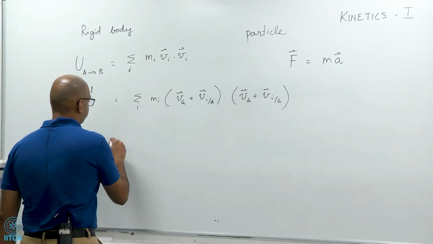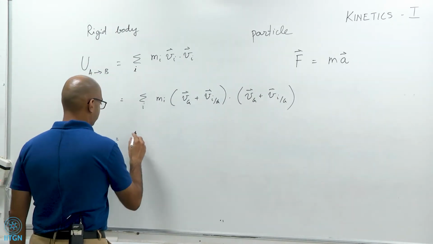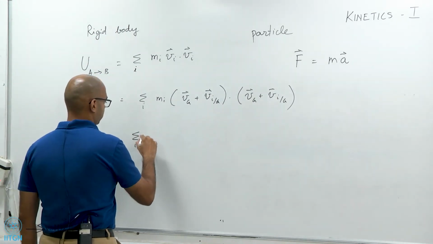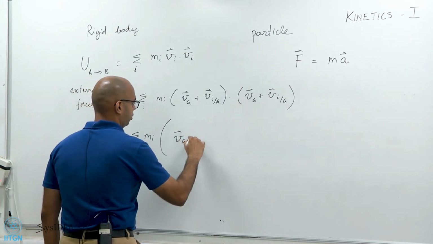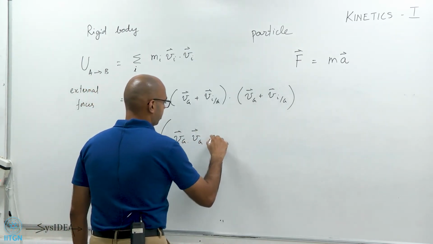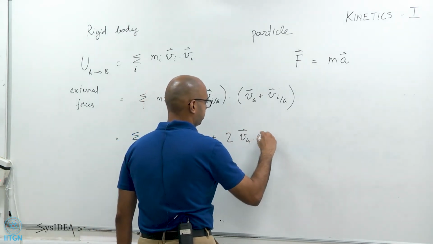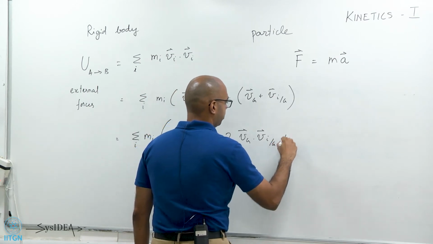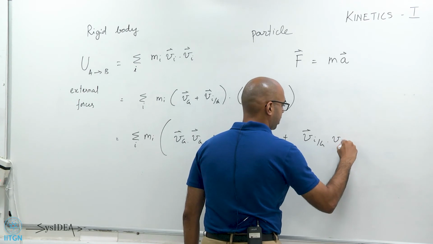So this obviously gives me 3 terms because this is like a square term. So I get Vg dotted with Vg, plus 2 Vg dotted with vig, plus vig dotted with vig.